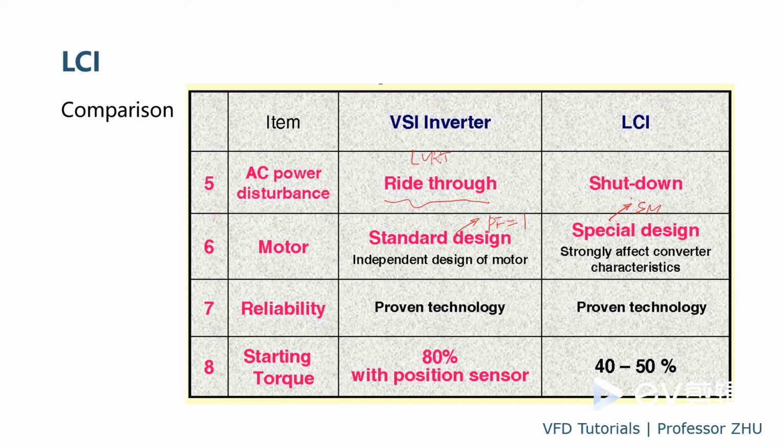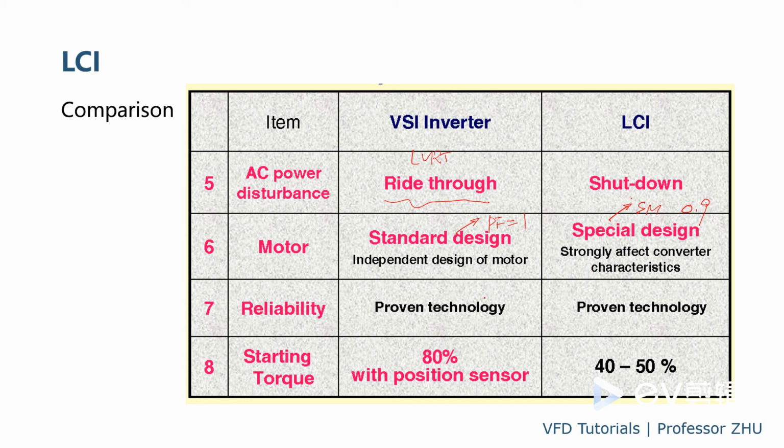But for the LCI drive, the current should be leading, and the power factor is about 0.9. So you have a high current and high loss on the winding and on the drive. And also for the motor design, there is a special design on the subtransient reactance. So that will also increase the cost of the motor.